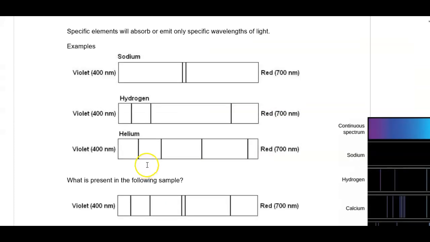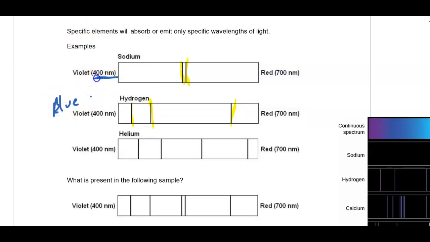The thing is that only specific elements will either absorb or emit very specific wavelengths of light. So in a diagram sort of way, sodium has these two bright bands, hydrogen here, here, and here, where this side is showing what we call the blue side.